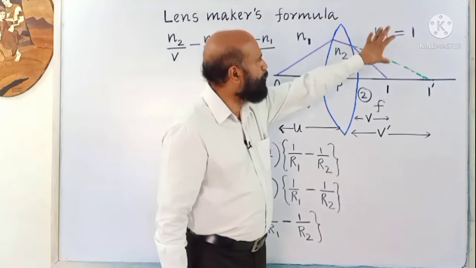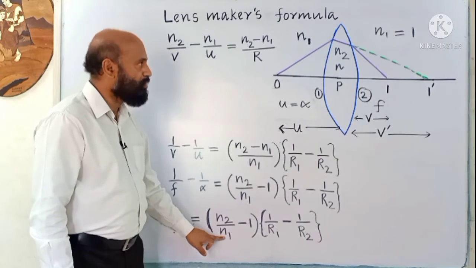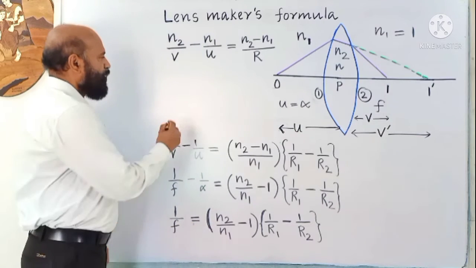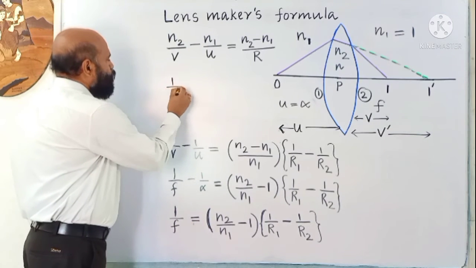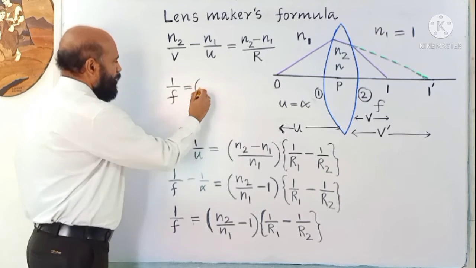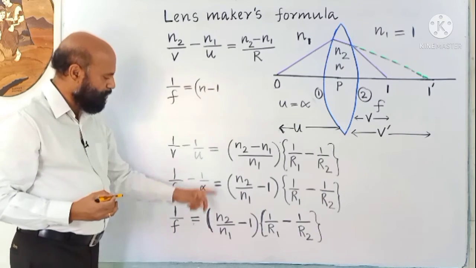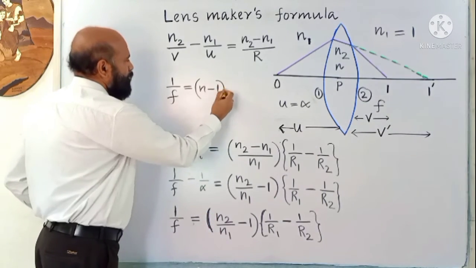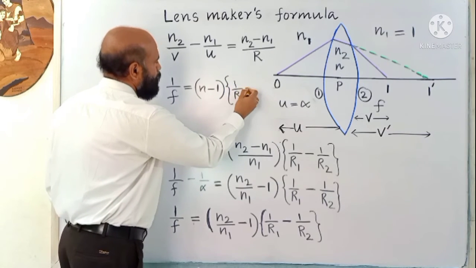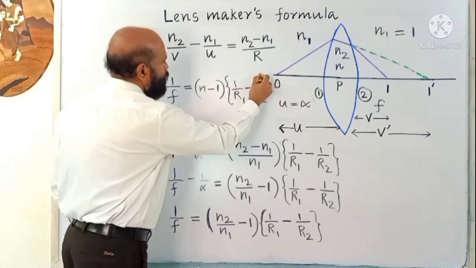Suppose the outer medium is air, so for N1 we write 1 and for N2 we substitute n. So 1 by f is equal to n minus 1 into 1 by R1 minus 1 by R2.